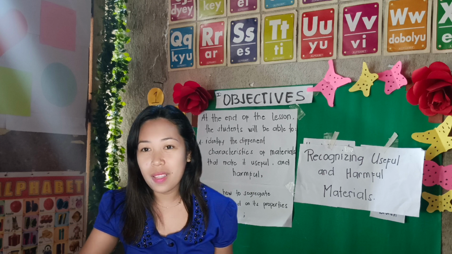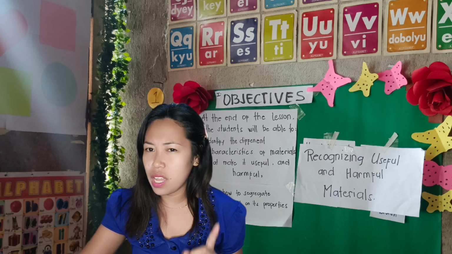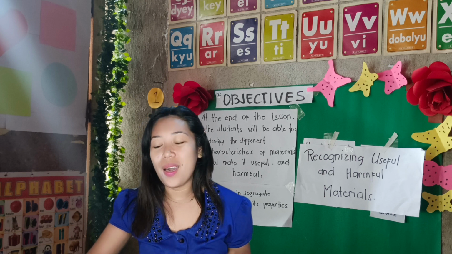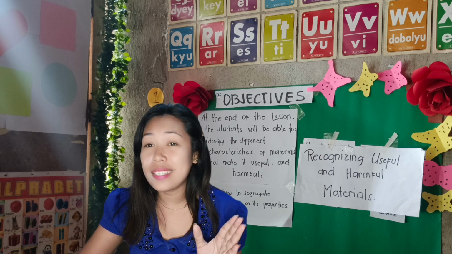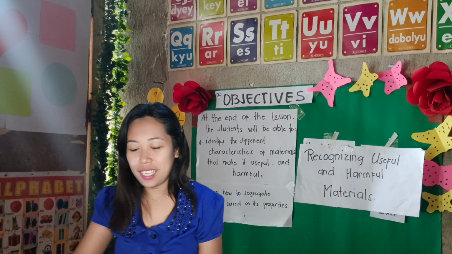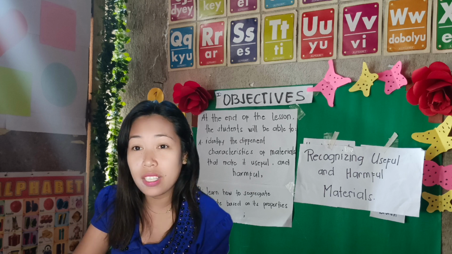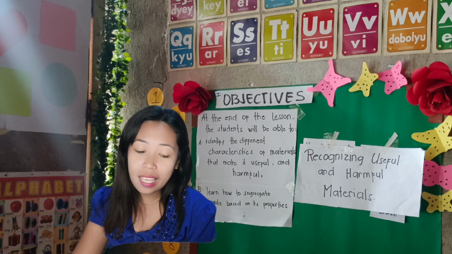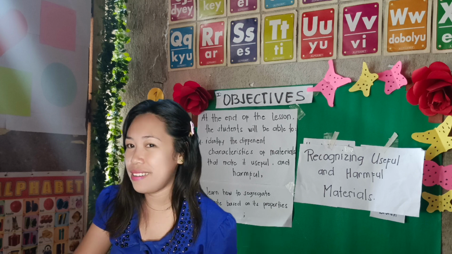Okay, other questions. When is a material useful? Okay, very good. Materials are considered useful when they serve a purpose. These materials may have properties such as durability, resistance to water, heat, or acid, flexibility, elasticity, and hardness.